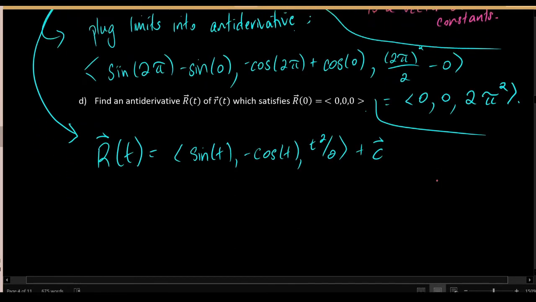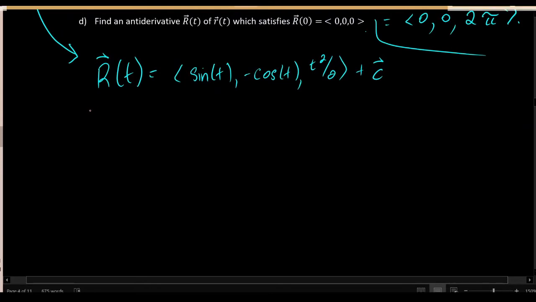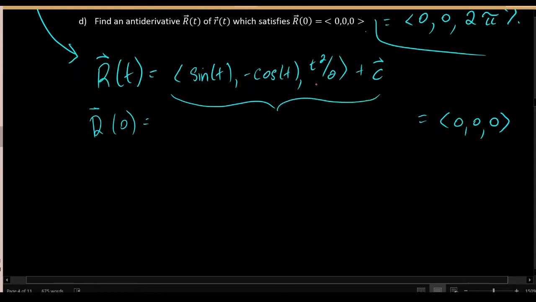Now someone says, I want it so that when you plug in t equals 0, then the 0 vector is the result. But when I plug in t equals 0 to this result of the indefinite integral, sine of t when t is 0 is 0, cosine of 0 is 1, so I get minus 1 from the y component, and then t squared over 2 is 0, so everything is right except for that y component.